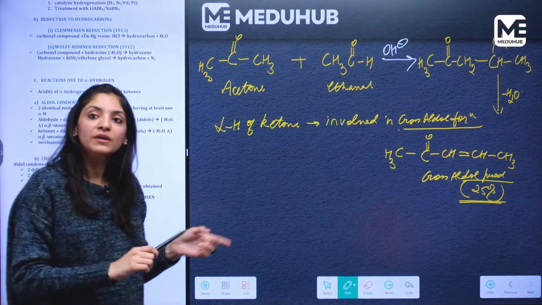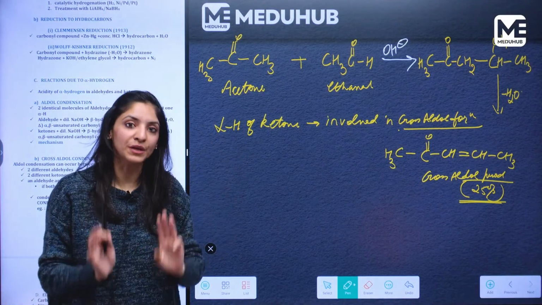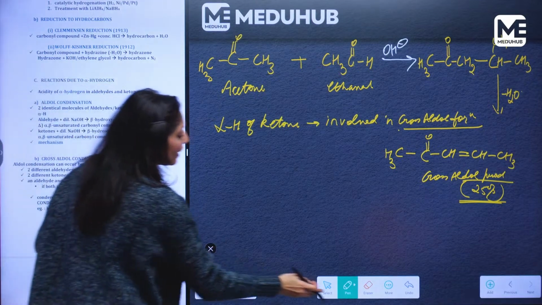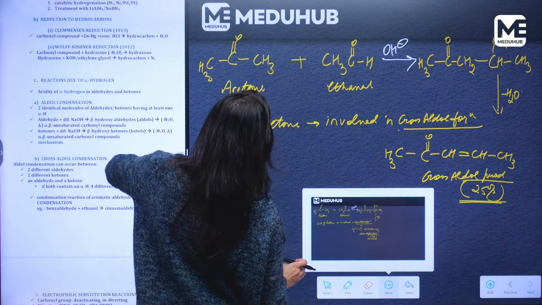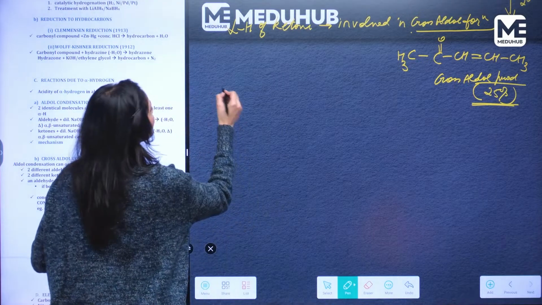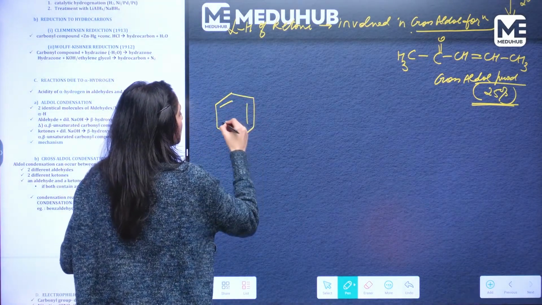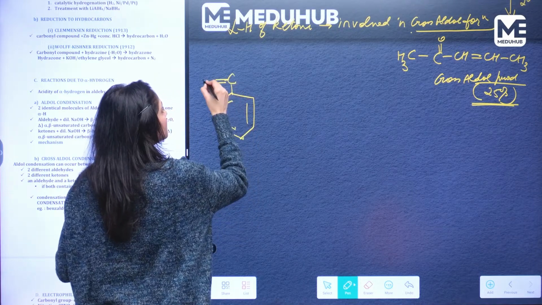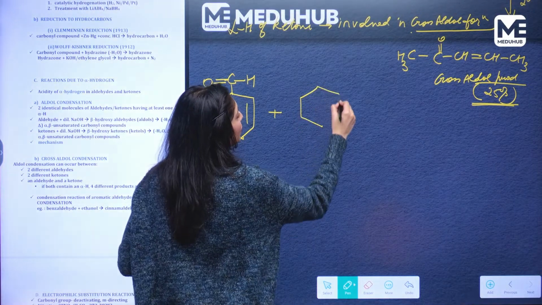So when a ketone and an aldehyde react, if both of them have alpha hydrogens, we get 3 products. If we have an aromatic aldehyde, how does it make a difference? So we have benzaldehyde reacting with, let's say, acetophenone.